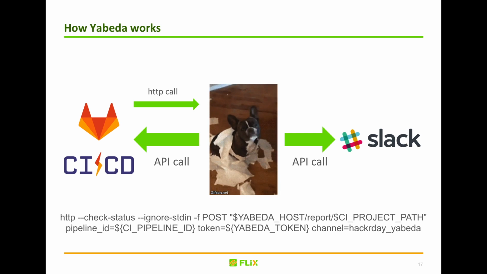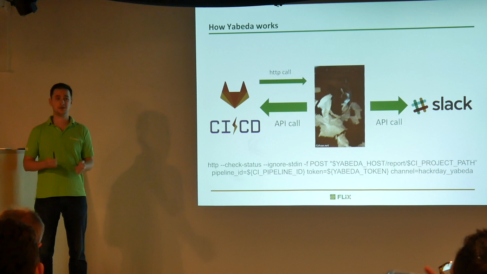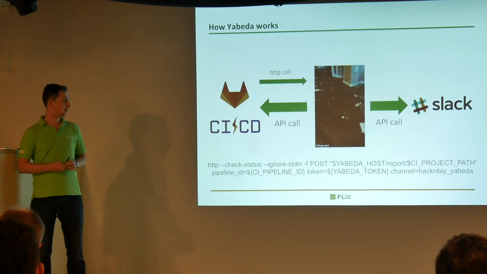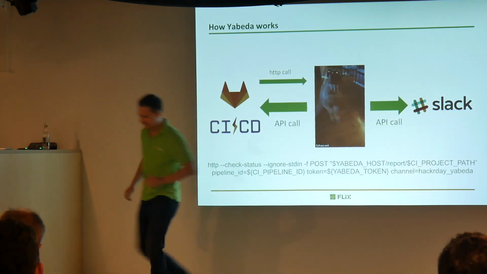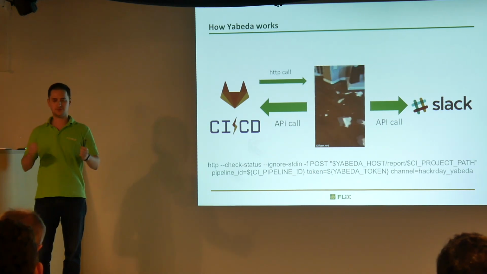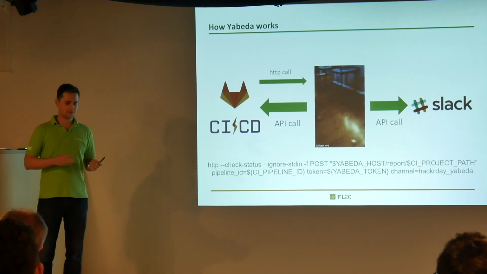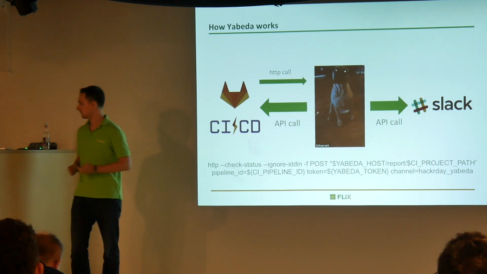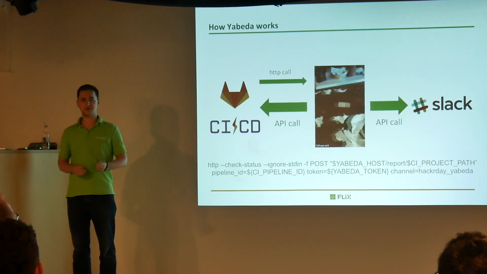It's just calling httpie to make an HTTP call and provide some information from environment variables like current project name and pipeline ID, and the only thing you have to change is this last word. You have to provide in which channel you want to post this message. So it's not zero configuration, it's one variable configuration, but still good.